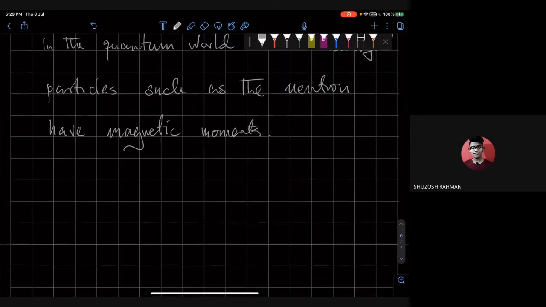What this points to is that the neutron is not a fundamental particle.